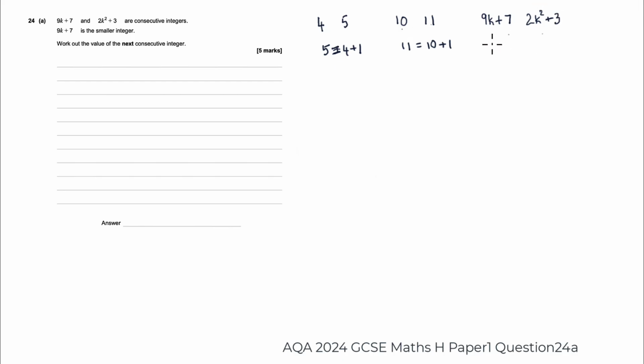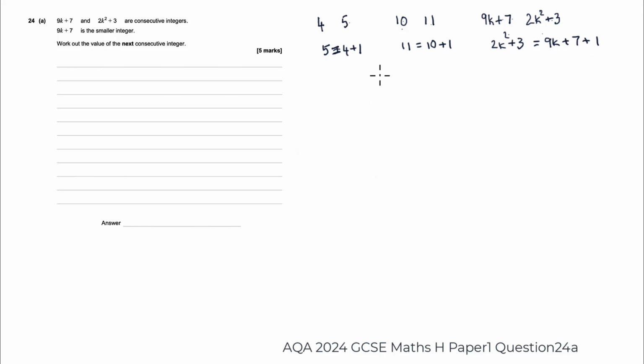Well, 2k squared plus 3 we can get from 9k plus 7 by adding 1. So I'm just following here the pattern that I followed in the previous two numerical examples. 5 is 1 more than 4, 11 is 1 more than 10, 2k squared plus 3 is 1 more than 9k plus 7. So that's what I've written down here.